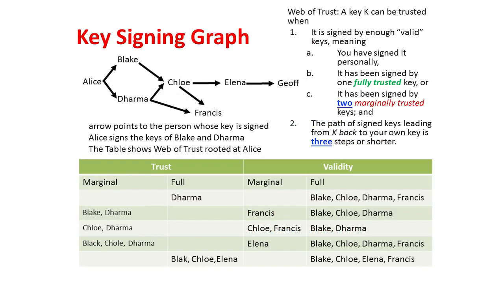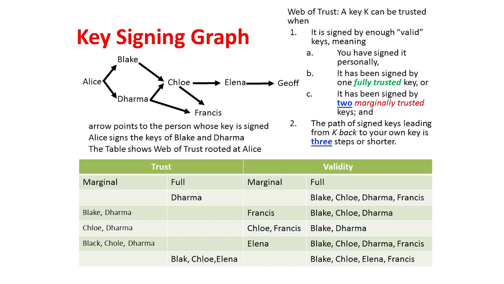And here is a simple example for us to understand the web of trust model better. Here we change the number of marginal trust keys along the path to be just 2, not 3 as in the previous default case, and the maximum path length to be 3, not 5 as in the previous case. The key signing graph is used to show the key signing relationships among this group.